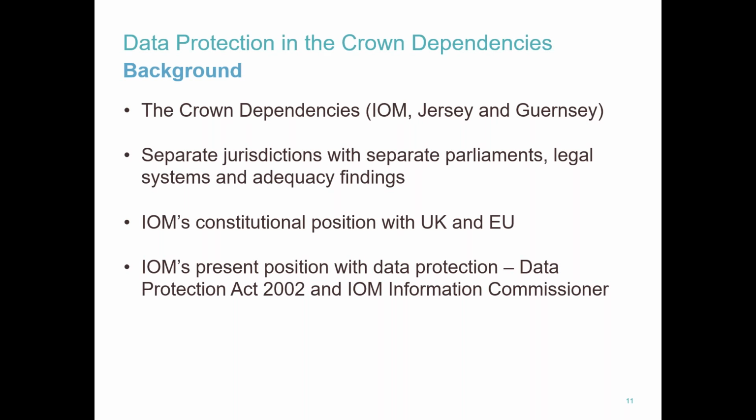Each of those jurisdictions has a separate legal system, a separate constitutional relationship with the United Kingdom, and also a separate constitutional relationship with the EU, but each does have its own adequacy decision. Each one is self-governing, none form part of the United Kingdom or the EU, and each has its own legislative assembly.